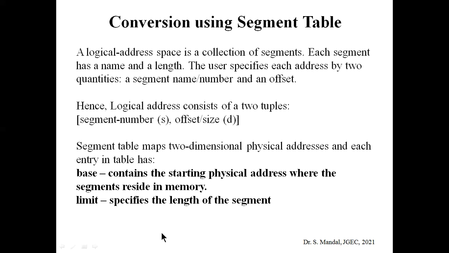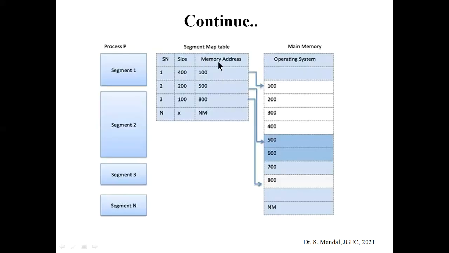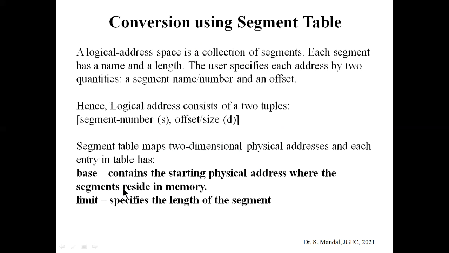The segment table maps the two-dimensional logical address to a physical address, and each entry in the table consists of base and limit. We already discussed it. The memory address actually denotes the base, and the size actually denotes the limit: 400, 200, 100. So what is base? Base contains the starting physical address where the segment resides in the memory.